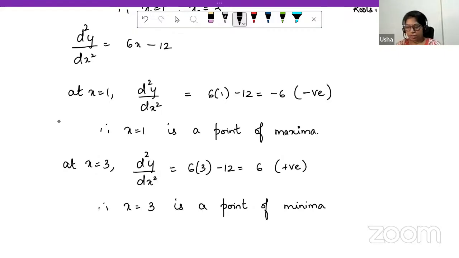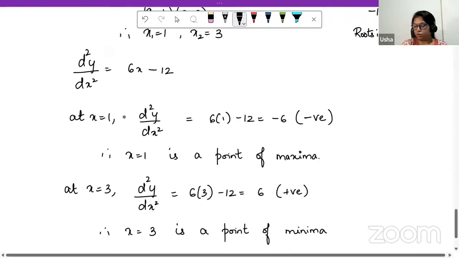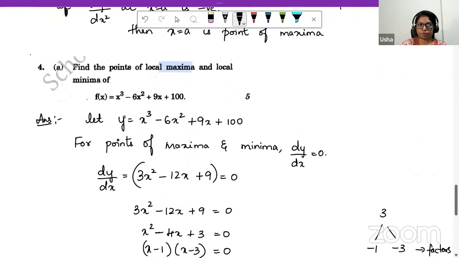Okay, understood this? Note down the steps clearly.